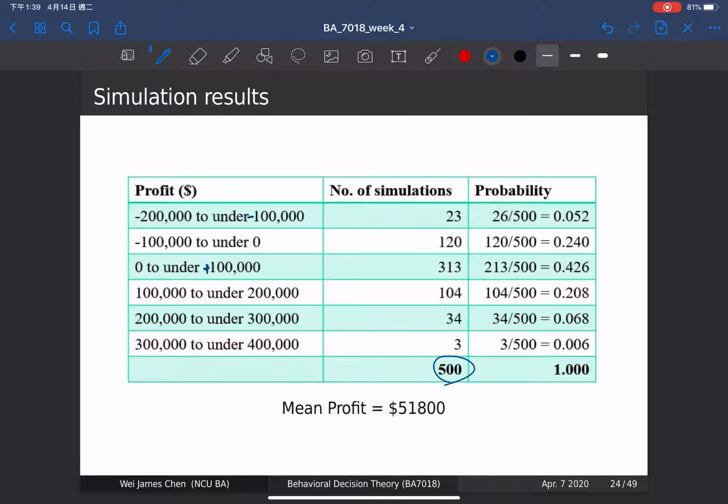Okay, and after you do that, you'll find that the number of simulations that belong to these bins are these numbers. And then you calculate this, so this probability is the simulated probability. Are we clear? Any questions so far?